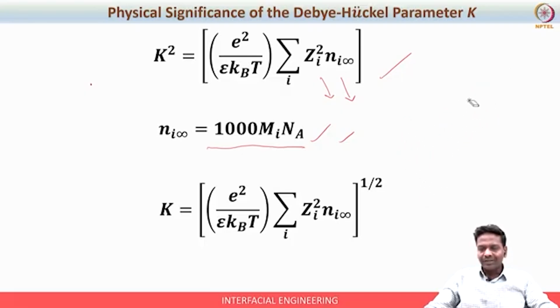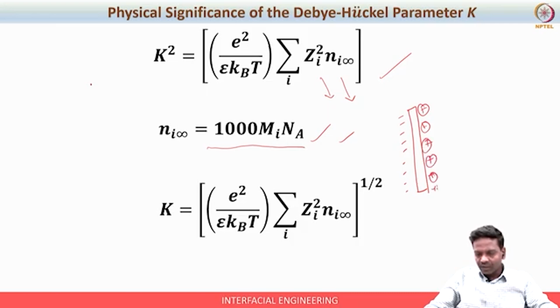So what does it tell? Let us say you have some charged system, let us say it is a negatively charged solid rigid body, and you will have the counter ions which are strongly bound to the surface. Okay.